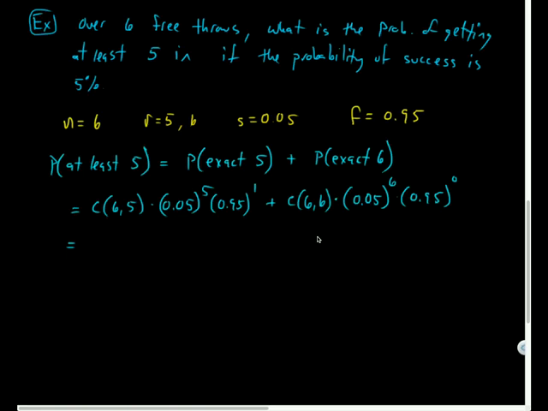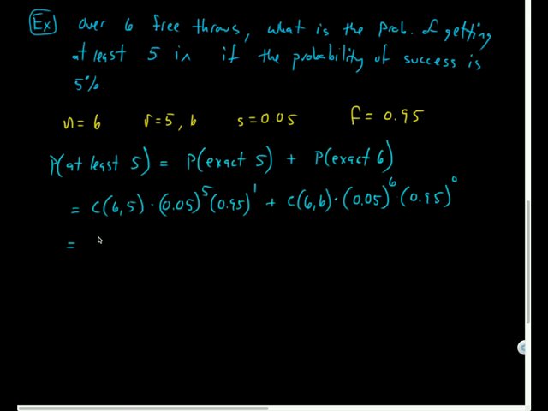So combo 6, 5, I believe, is going to be 6. 0.05 to the 5th is going to be very tiny. Actually, maybe I'll calculate this whole probability out at once. Times 0.95 times 6.